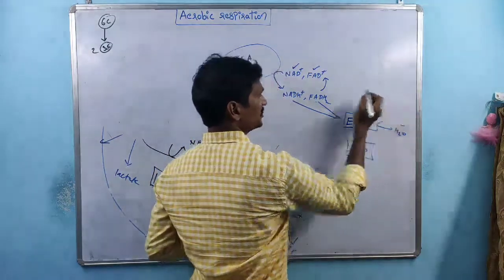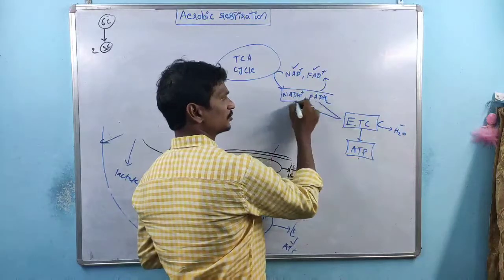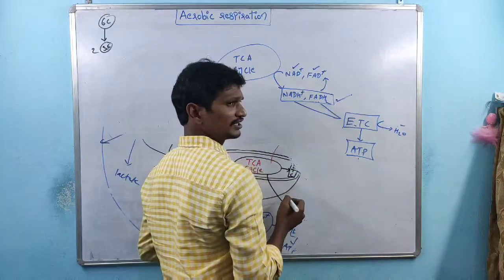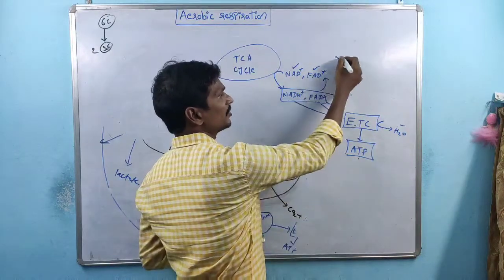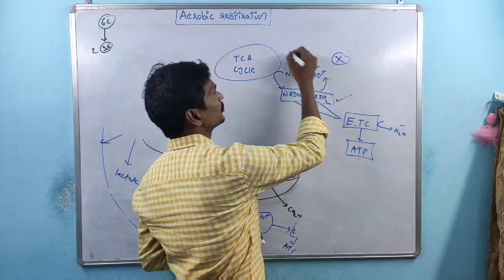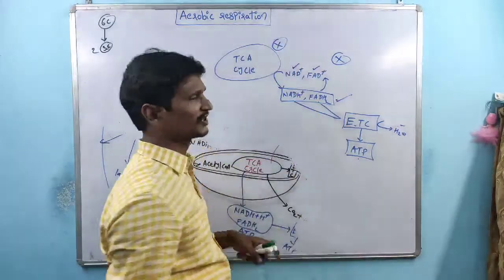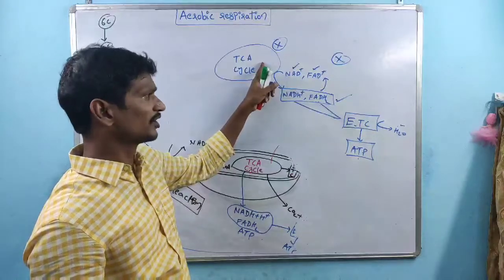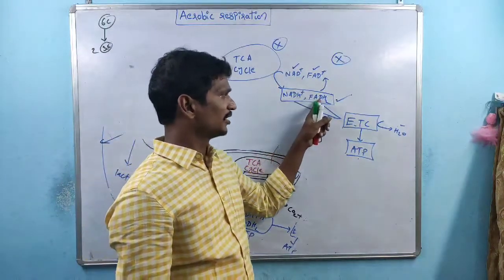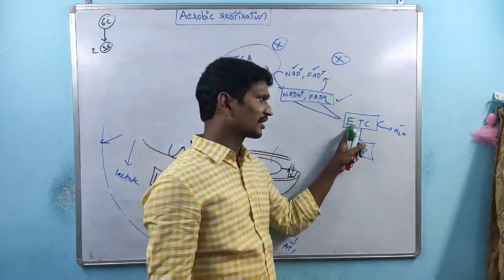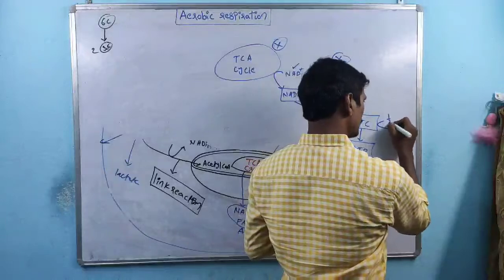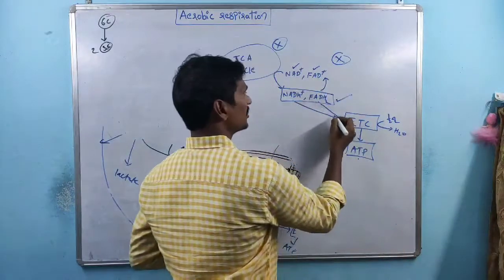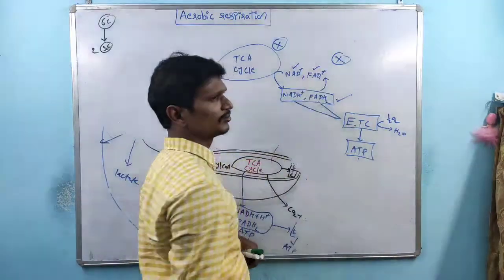If oxygen is absent, these high energy compounds always exist and there are no low energy compounds, so there is no TCA cycle running. So what I'm telling is, high energy compounds interact with the electron transport chain in the presence of molecular oxygen. Then high energy compounds are converted into low energy compounds.